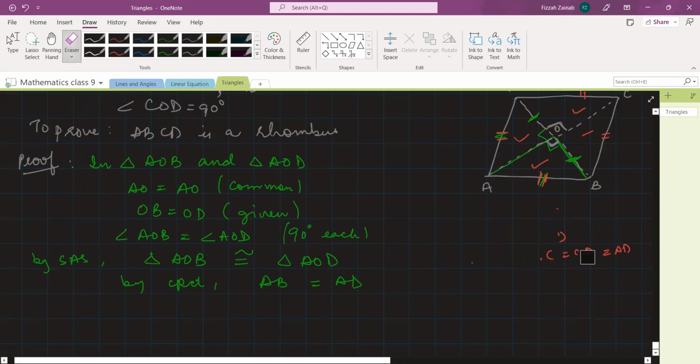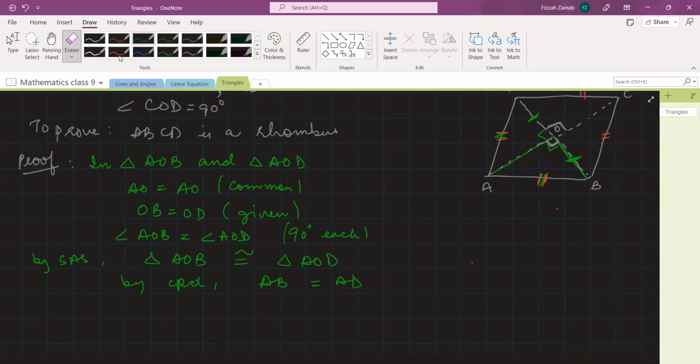So one by one, I'll take. If I just name the triangles, let me call this triangle 1, triangle 2, triangle 3, and triangle 4, right? So basically, first of all, I took triangle 1 and triangle 2, right?